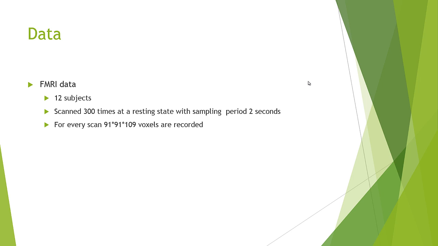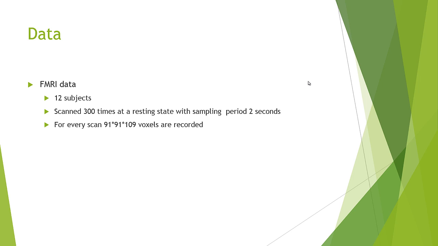Each subject is scanned 300 times at a resting state, with a time series interval of 2 seconds, which means you take a sample, and after another 2 seconds you take another sample, and the process continues until you take a total of 300 samples.